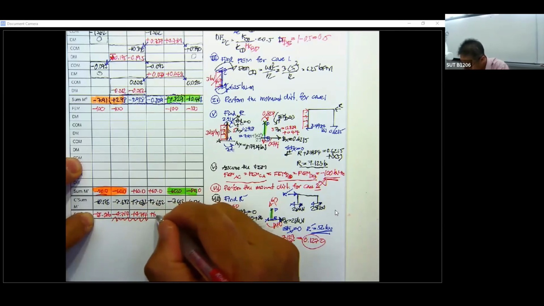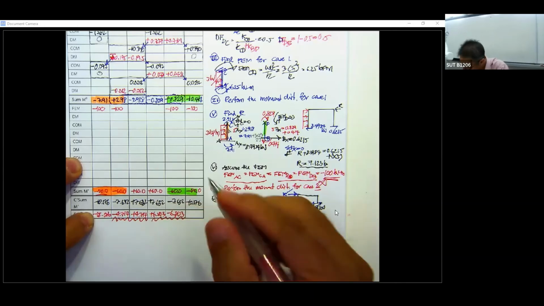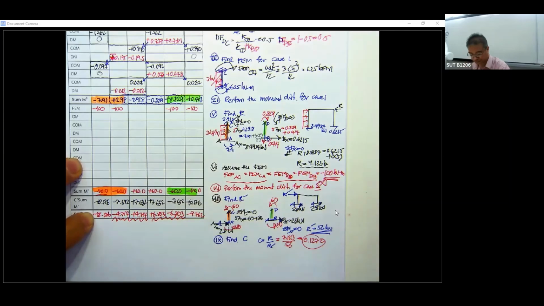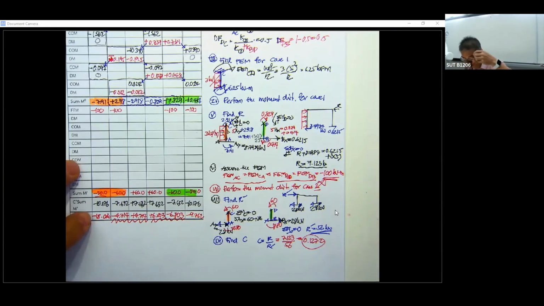This one plus 6.803 minus 6.803. This one must be equal minus 9.762. Now you must put everything together.